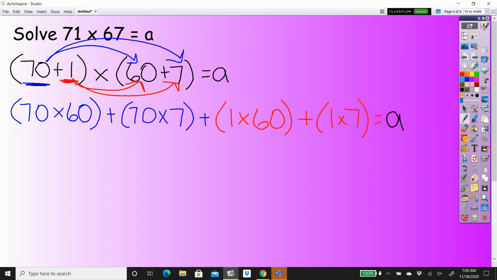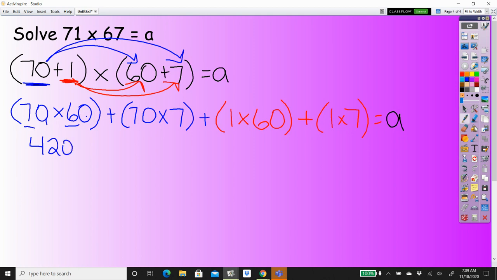A. Now we will multiply to find the partial products. 7 times 6, basic fact, 42. I have 2 zeros here, 1, 2.